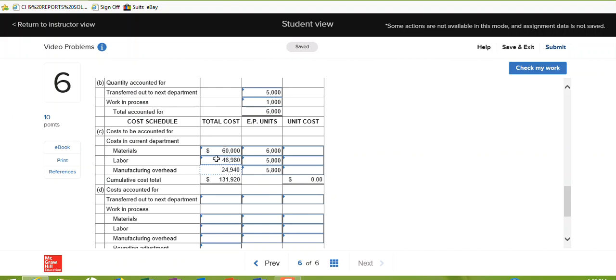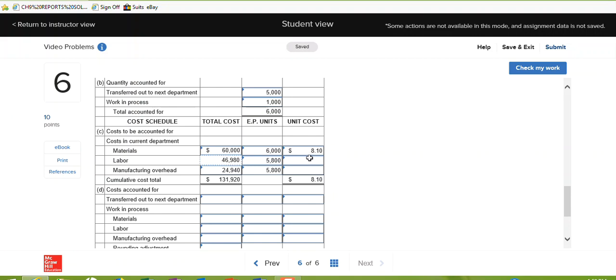All right, so there's our cost, and there's our equivalent units. So the unit cost is just the total cost divided by the number of units. So for materials, it costs us $10 for each unit to make in terms of materials. If you take the cost here and divide it by the units here, you should get $8.10 of labor for each one.